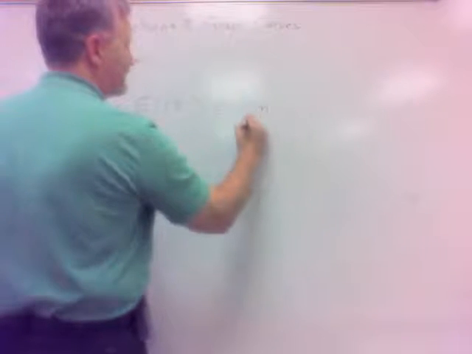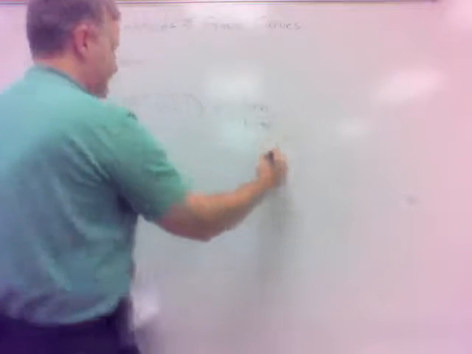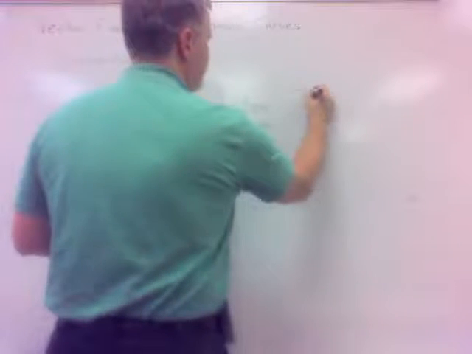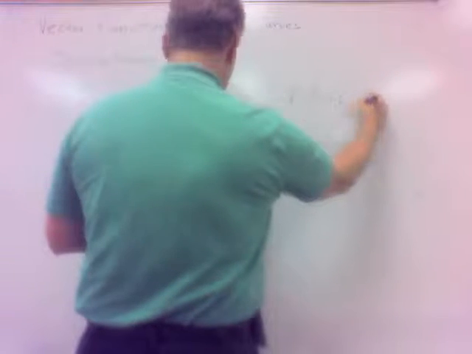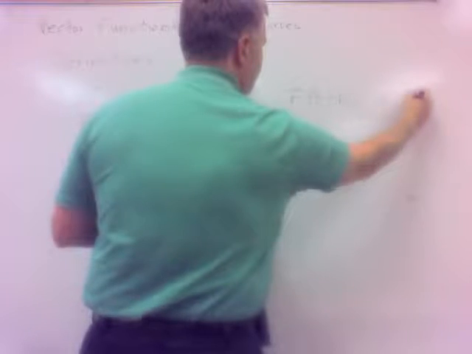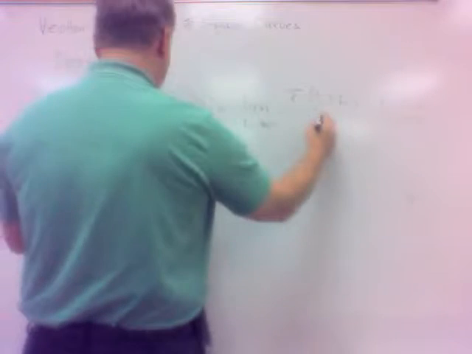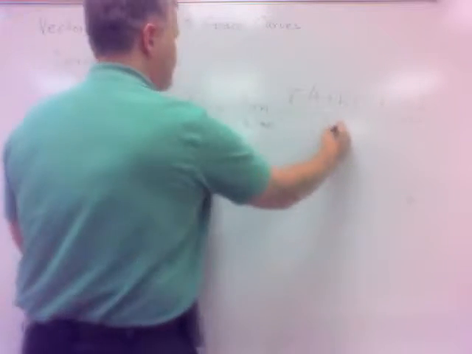It's the limit as h approaches 0 of r of t plus h minus r of t, divided by h. So just like for regular functions, for vector functions, it's still the same derivative.